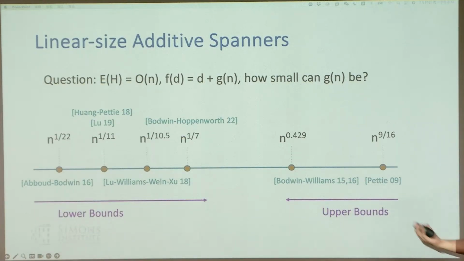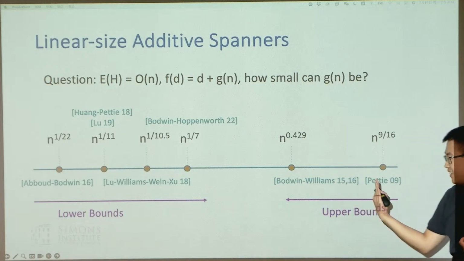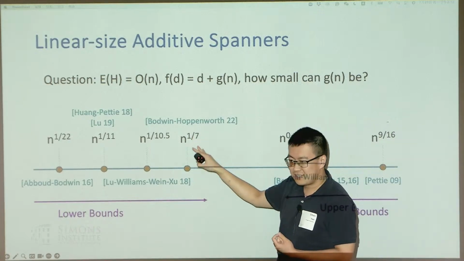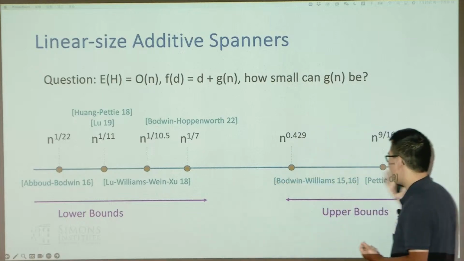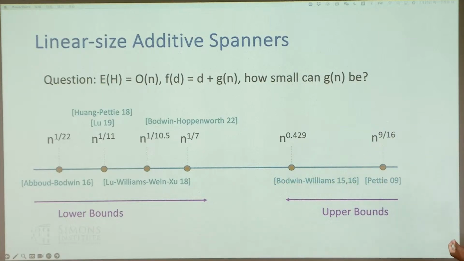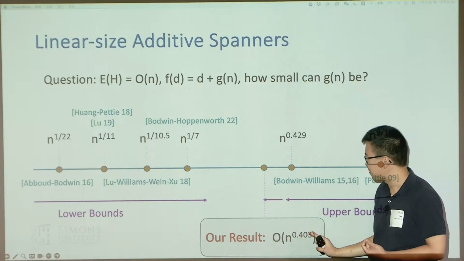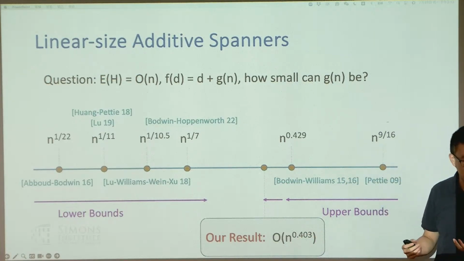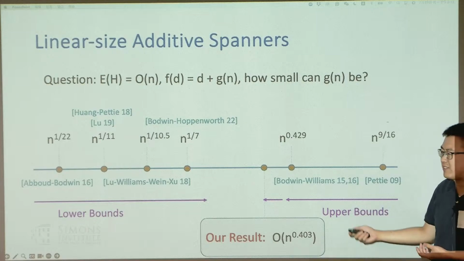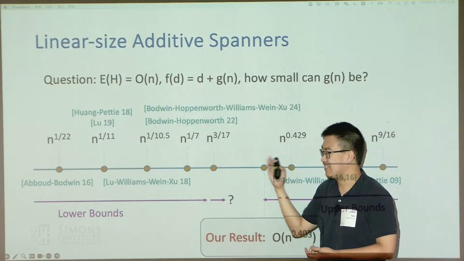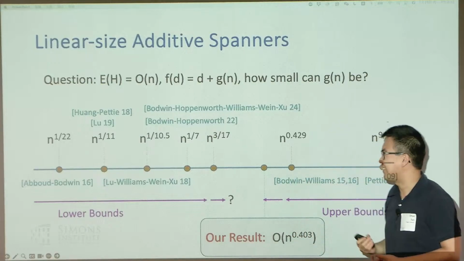This is also a very interesting regime with a lot of papers on it. The lower bound has been improved by a sequence of papers to n to the 1 over 7 two years ago. And the upper bound is being pushed by several works. Our work slightly gets better than 0.429, we get 0.403, by a complicated construction. After our paper, there's a new paper by a group of researchers, I think Virginia Williams included.